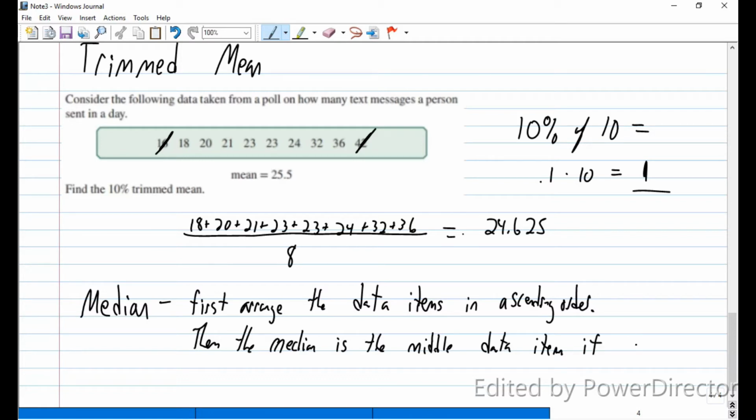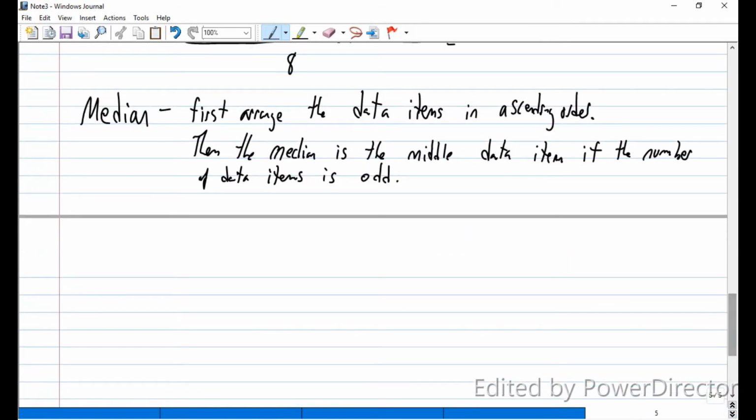If the number of data items is odd, then after you arrange the data items, of course there will be a middle number.